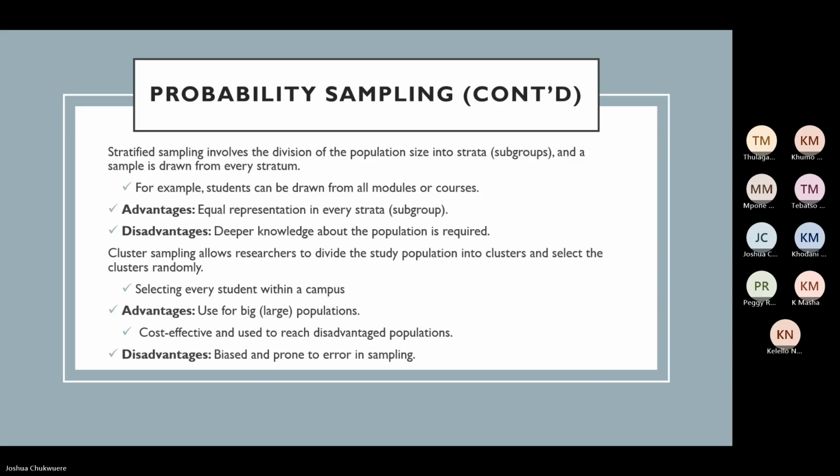Based on our example, we're going to be doing it across 3 or 4 campuses. In this case, it gives you the opportunity for every student in that very campus to be represented. For example, when you do simple random sampling, everyone is involved, but there is a tendency for the result to be skewed so that a particular campus dominates the study.